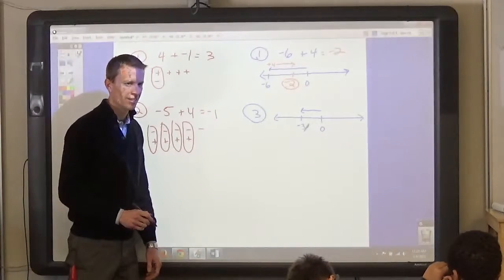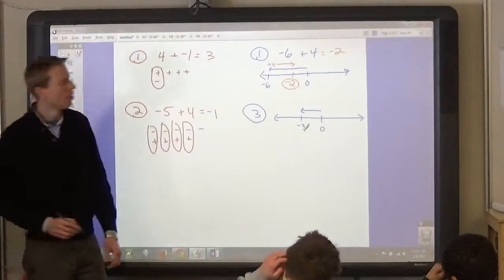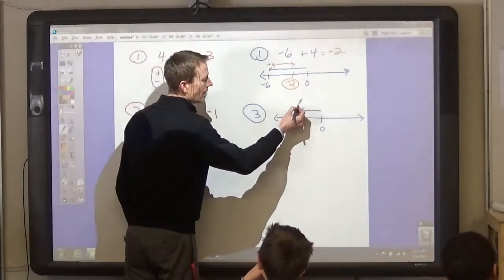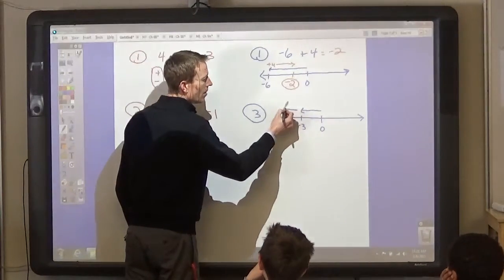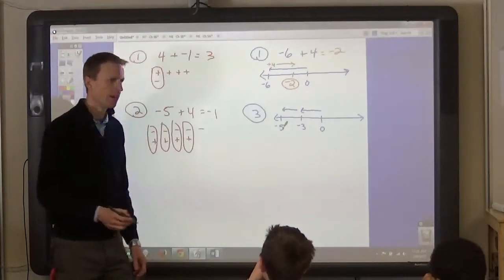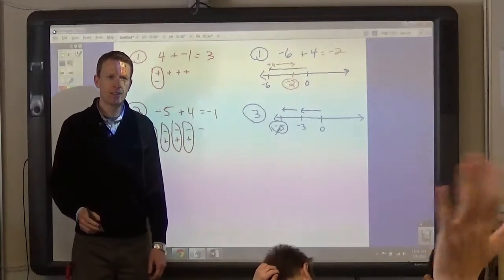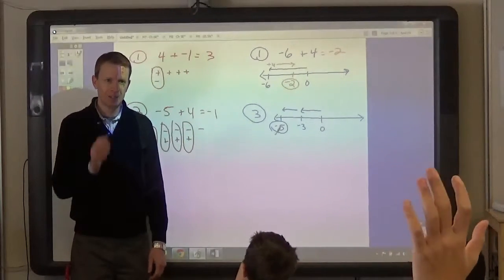Then it shows another arrow going to the left again, and then it marks negative 5. So what is happening? It's going down. So what are we adding? Garrett?